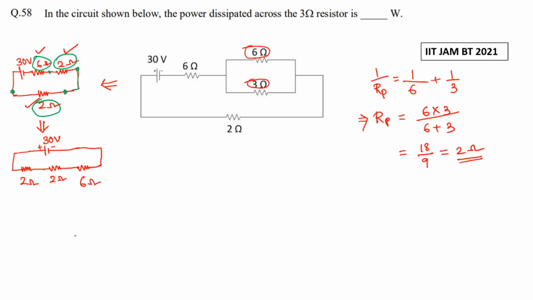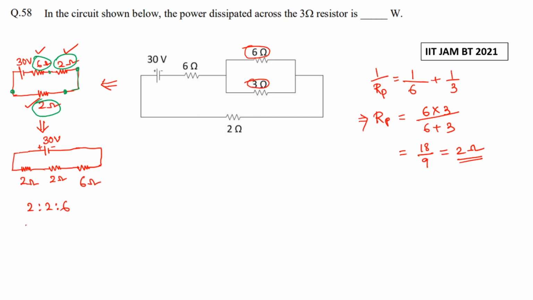Now why did we do all this? See here, these three resistors are in the ratio 2:2:6, right?